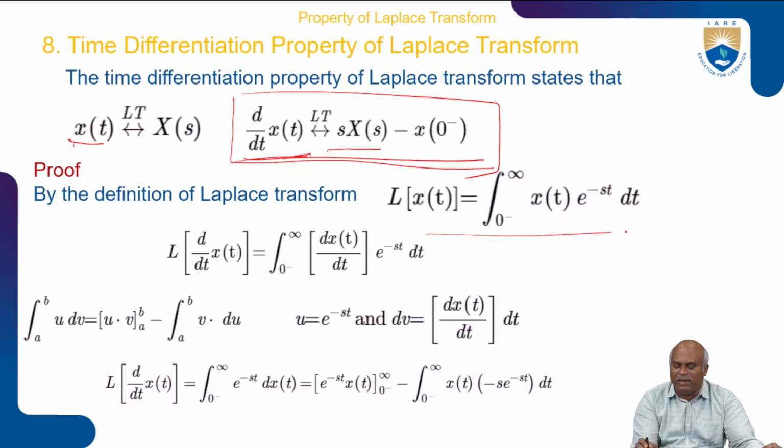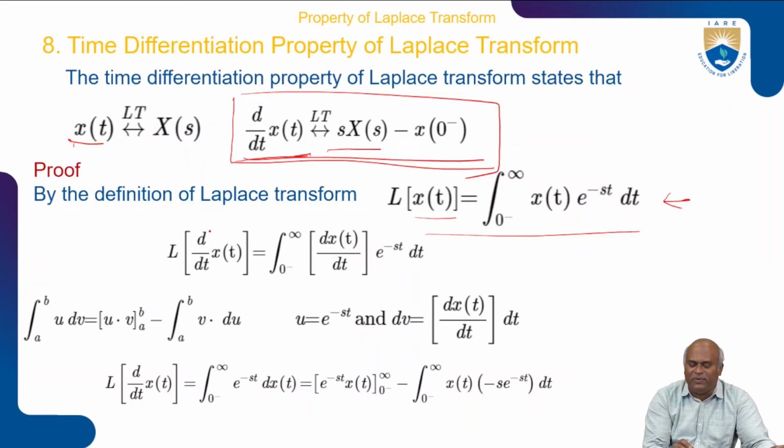This statement we know well. Here I take the unilateral Laplace transform. Now the Laplace transform of the first differential d/dt x(t) is equal to the integration from 0 to infinity.